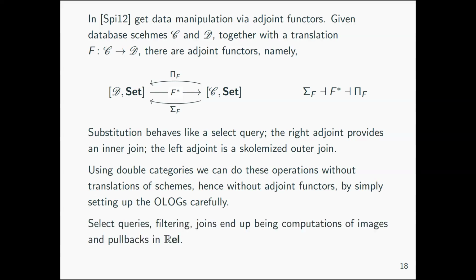So in particular, select, filter, and join are basically just computing restrictions and extensions in Rel, which, as we've seen, are pullbacks of images.